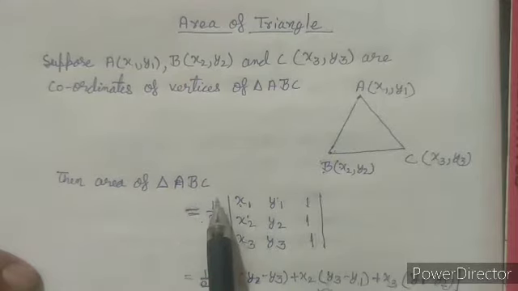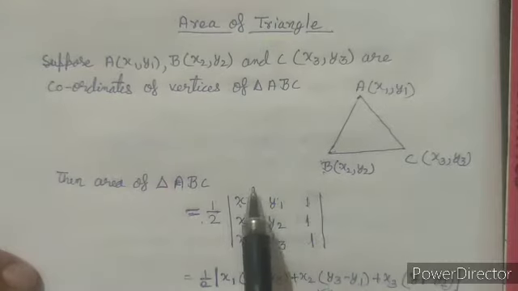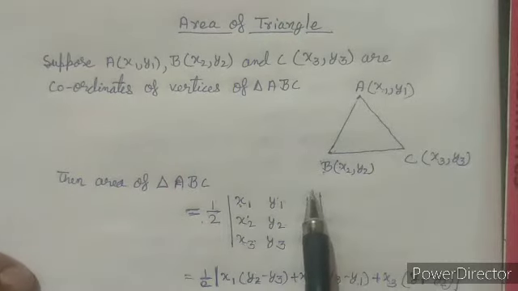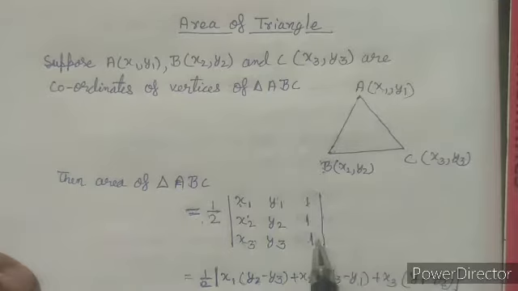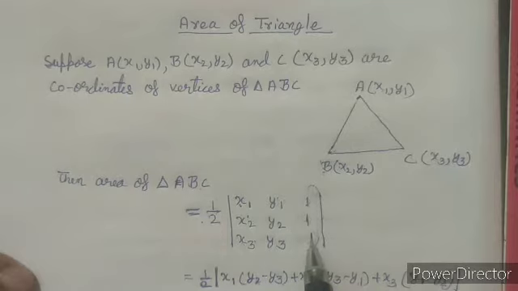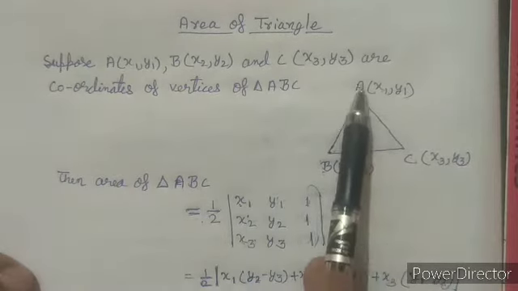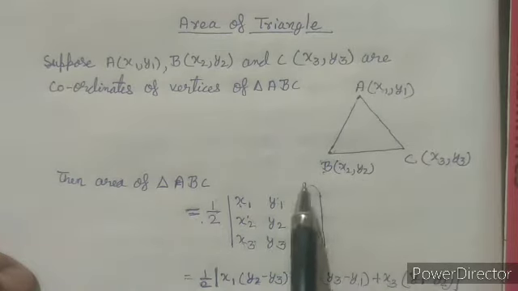equal to 1 by 2 into the determinant of x1 y1 1, x2 y2 1 and x3 y3 1, where, as we see here, all the elements of the last column of the determinant will be equal to 1 and the first two columns will be the coordinates of the vertices of the triangle.